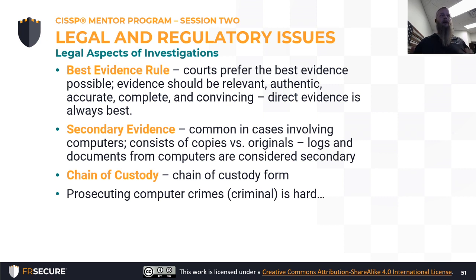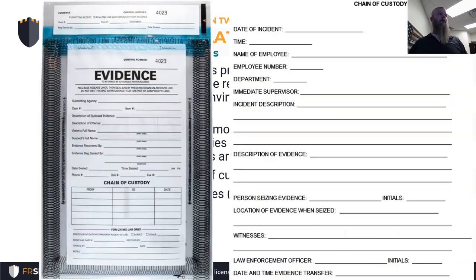So just prosecuting computer crimes is hard. What usually happens in computer crime prosecutions is they usually settle without going to trial for a number of reasons. So that's what usually happens with prosecuting computer crimes. These are just examples of a chain of custody form.